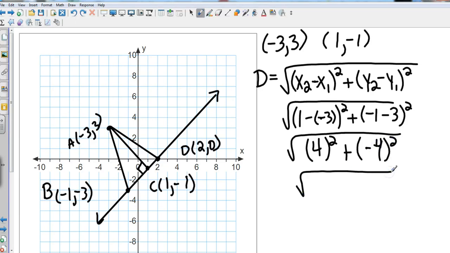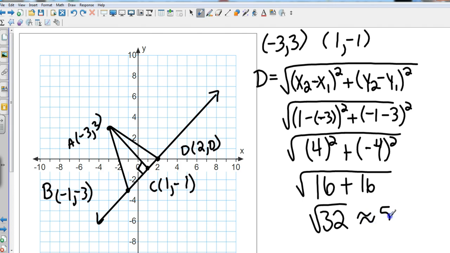So that gives me the square root of 16 plus 16, which would be radical 32. That radical 32 is going to come out to be approximately 5.7. So a little visit from the distance formula from way back when, finding distance from a point to a line.